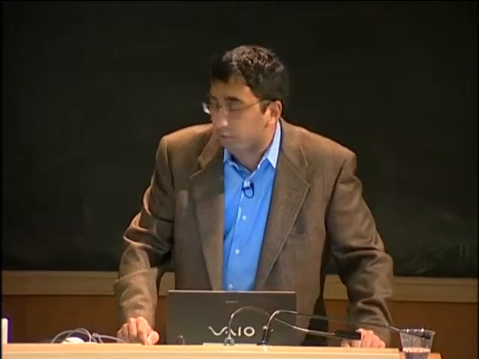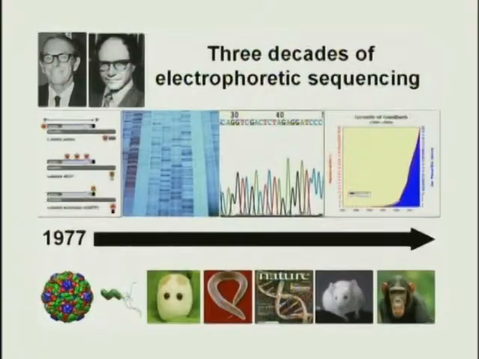So we're just over 3 decades past the invention by Fred Sanger and independently by Wally Gilbert of what's called electrophoretic sequencing. This was the standard method of sequencing for 3 decades and what was essentially used for the Human Genome Project.